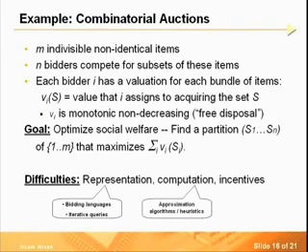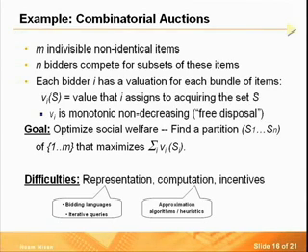The third example that I want to show is combinatorial auctions. Let me just say what they are. Combinatorial auctions have a bunch of items, m different items, and n bidders who want subsets of these items. The whole point is that the value of a subset of items is not just given by the value of each item separately, because there are connections.